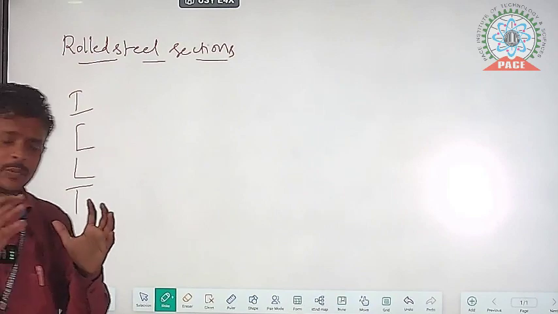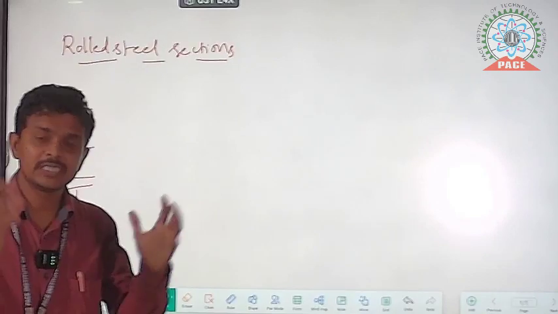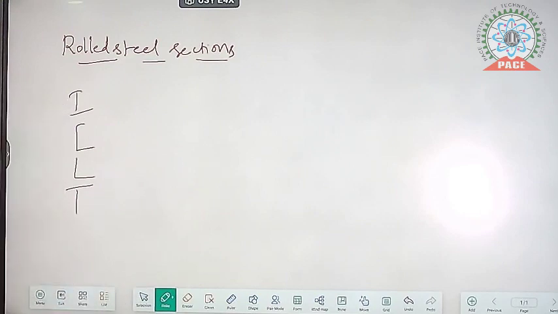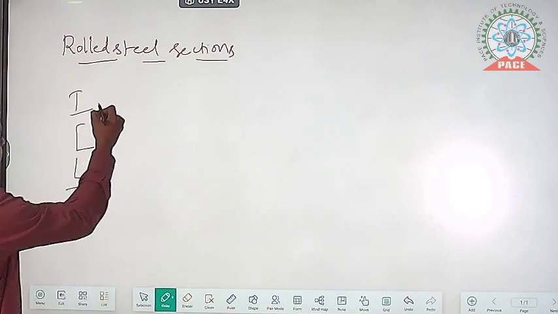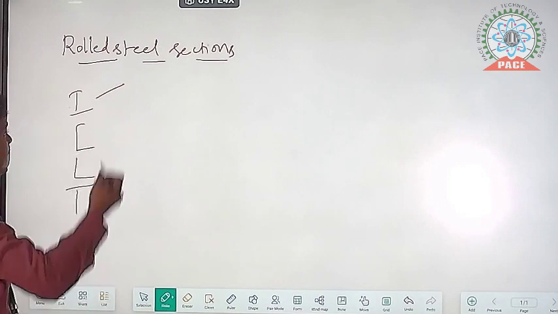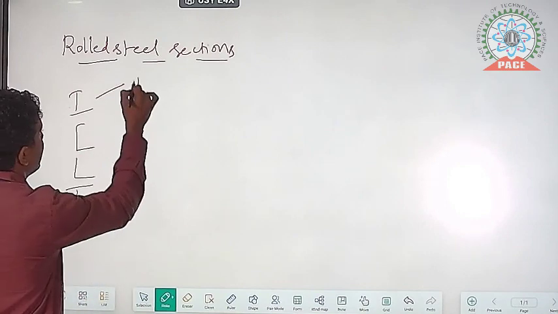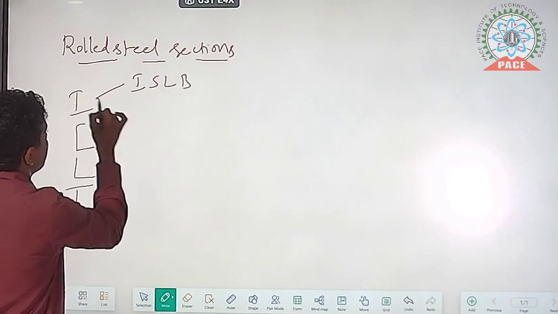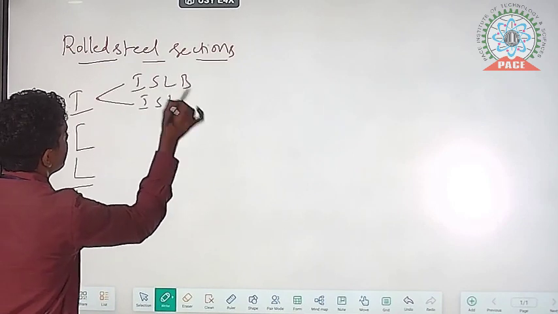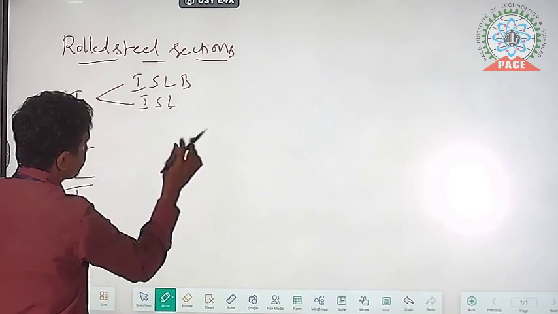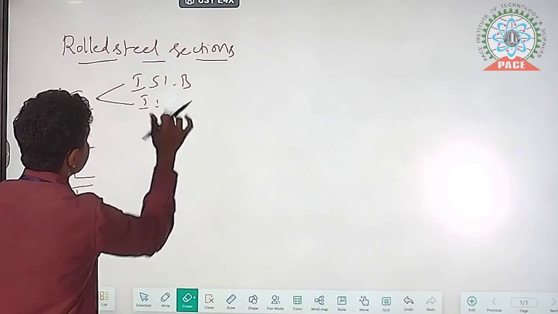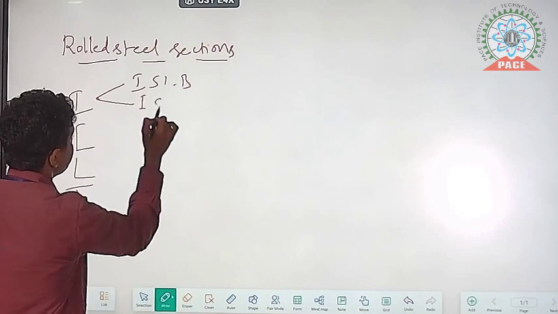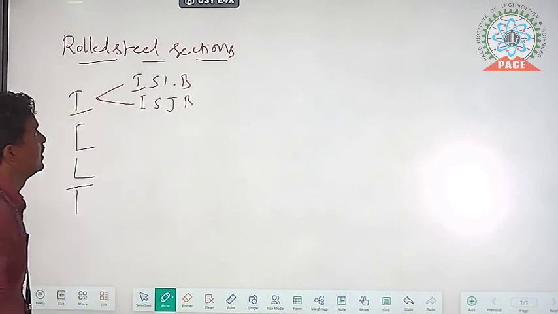For example, we call them by different names in the I section: ISLB, ISJB. This means ISLB, Indian Standard Light Beam. Next, ISJB, Indian Standard Junior Beam.